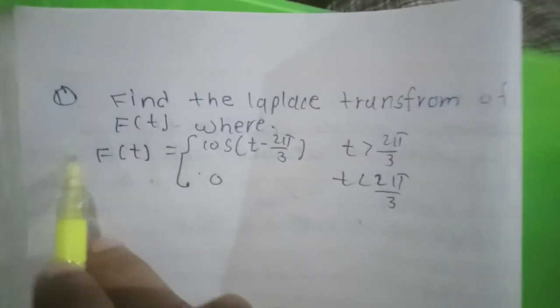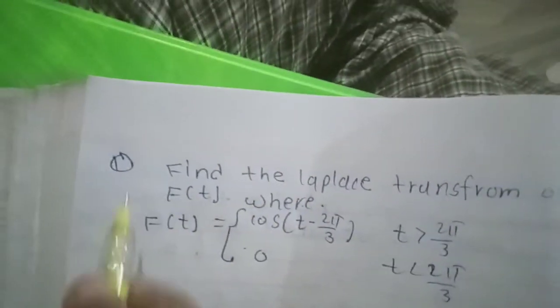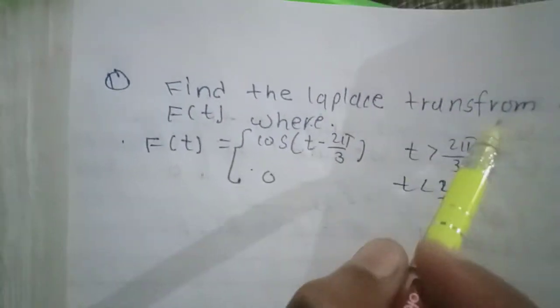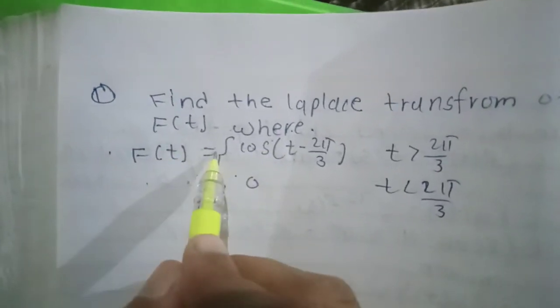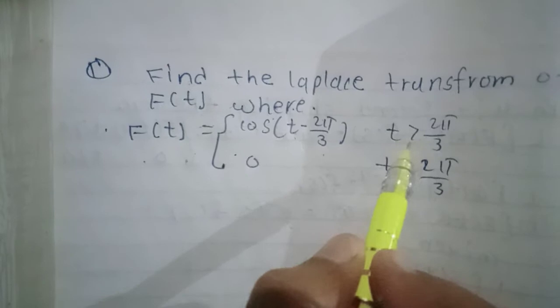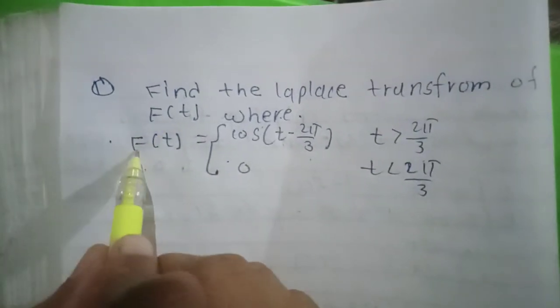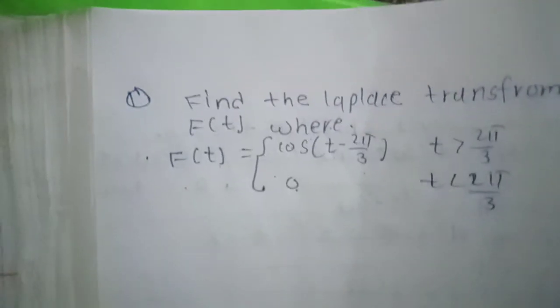Our example number one is: find the Laplace transform of f of t, where f of t is equal to cos of t minus 2 pi by 3, when t is greater than 2 pi by 3, and f of t is equal to 0 when t is less than 2 pi by 3.